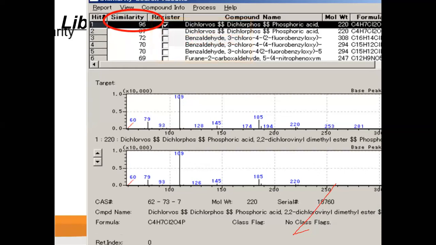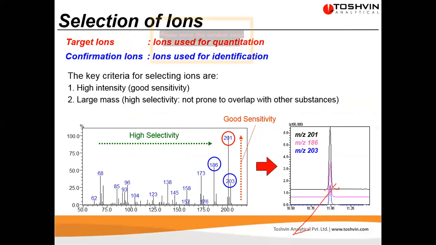Okay, so that is library. Selection of ions. When I explained SIM mode, I told you that we have to select some ions, and the quadrupole will focus on those only. So how do we select them? Because in a mass spectrum you will get n number of fragments. Out of that, how do we select which masses to monitor in SIM mode?